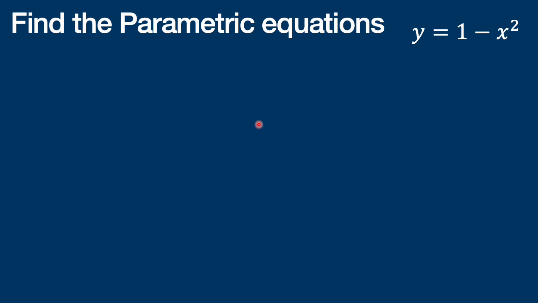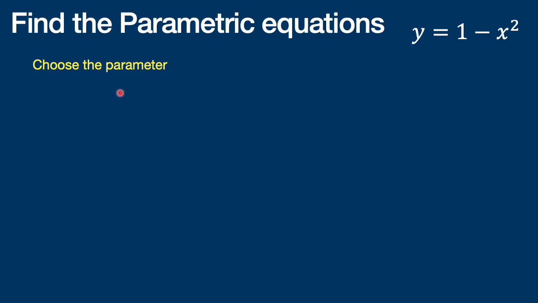This time, we want to find the parametric equation when you are given a rectangular equation. What is a rectangular equation? It represents a curve by using y and x. Now we're going to use a parameter to find the parametric equation from the rectangular equation. This time, you want to pick the parameter first.